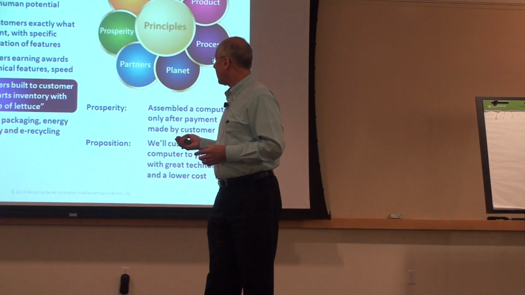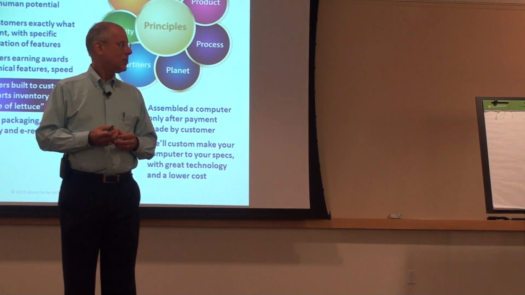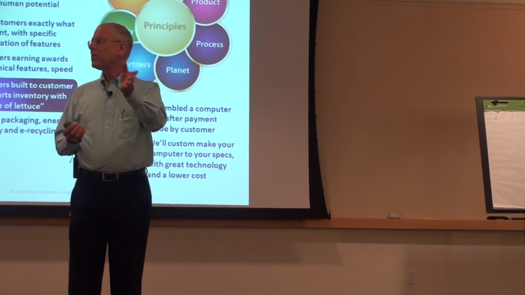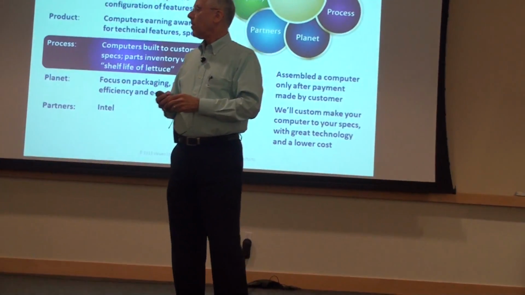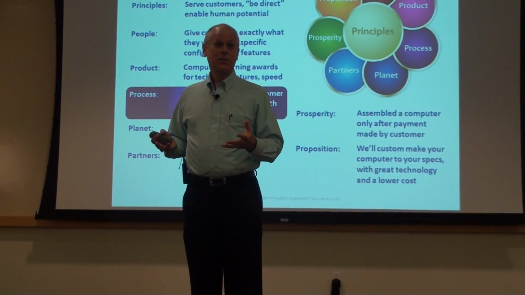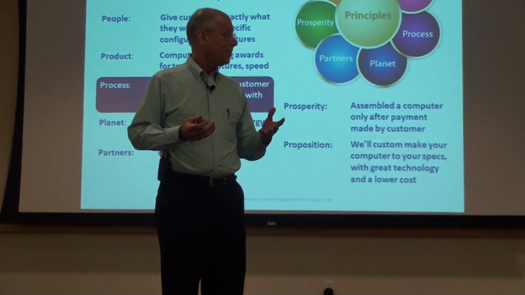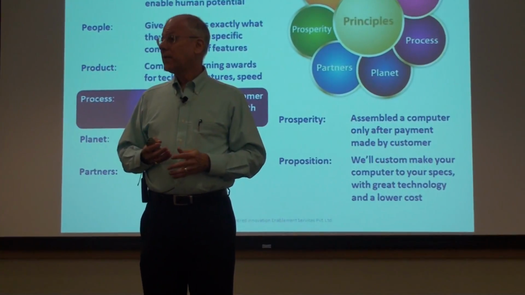The next one I want to focus on is Fuji Xerox. The executives at Fuji Xerox in Japan, around the year 2000, 2005, became very conscious of the use of materials and natural resources in making copiers. They said, what can we do about this?